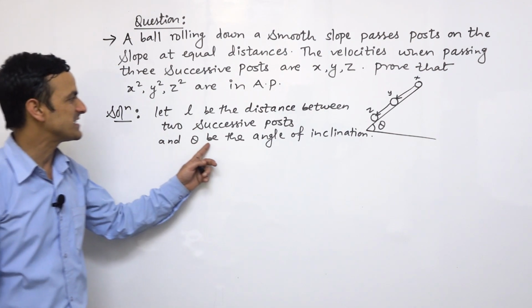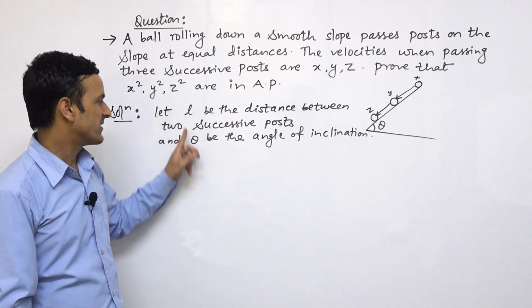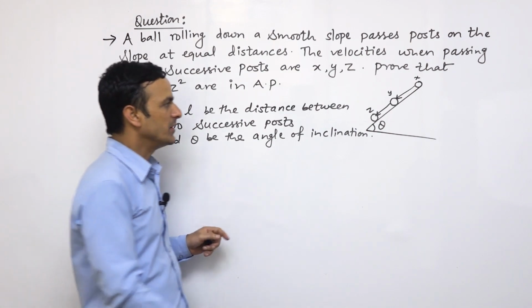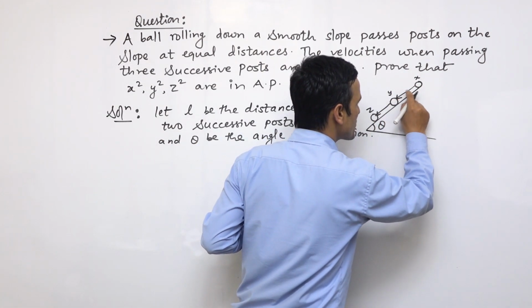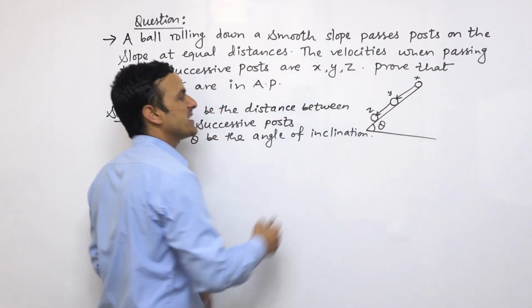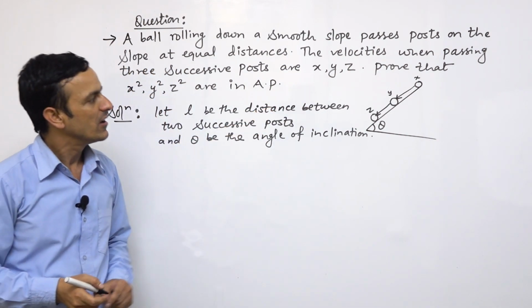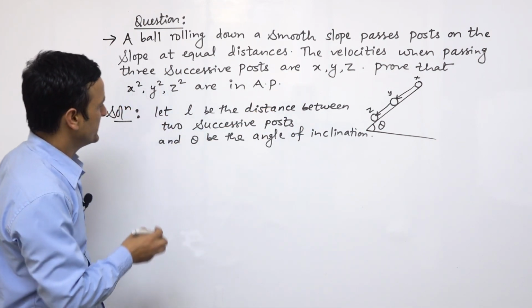So we can suppose it like this, L and theta. So L is the distance between two posts, this is the distance L, and theta is the angle of inclination. We can see in the figure.